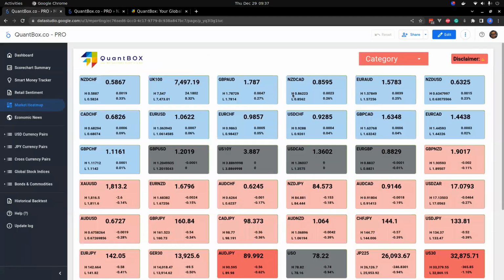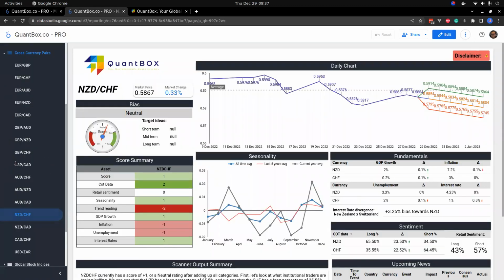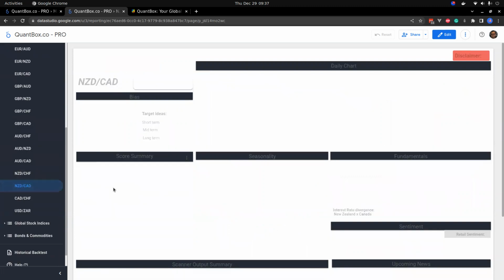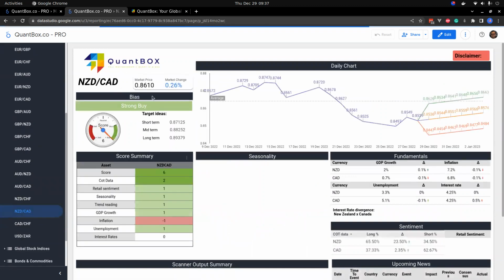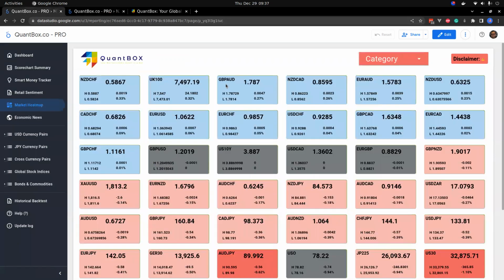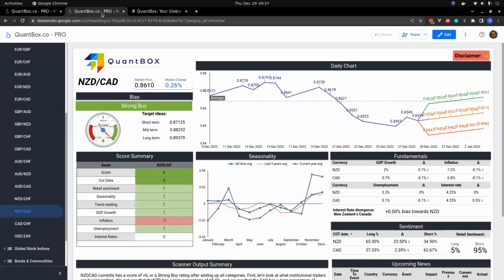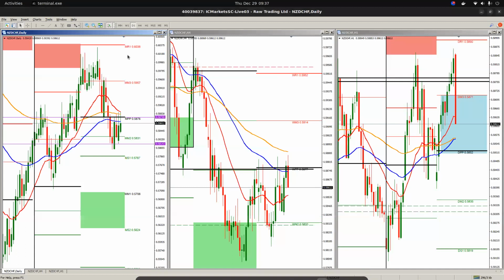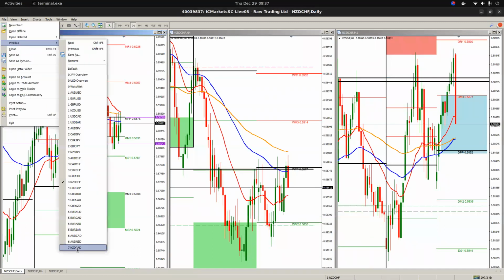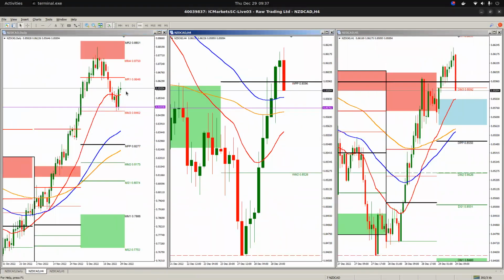We do the same thing for the Kiwi CAD. Taking a look at Kiwi CAD on our overall bias. Over here, we can see the Kiwi CAD coming through with a strong buy, also one of the biggest movers for the session. So in that situation, we could look at Kiwi CAD and say, do we have an opportunity to continue this buy? Now you can see here, price currently moving down.